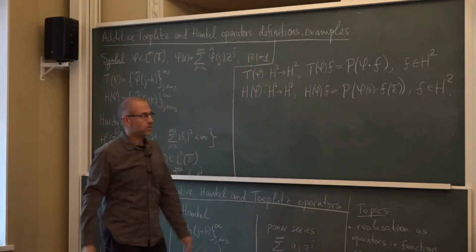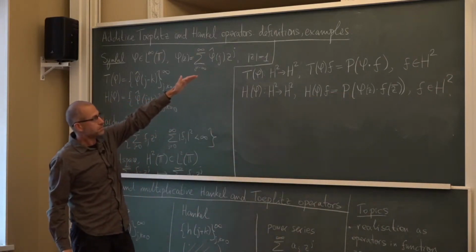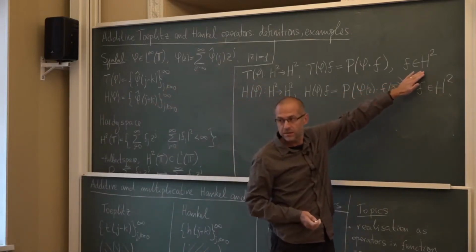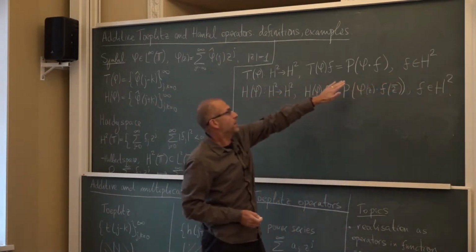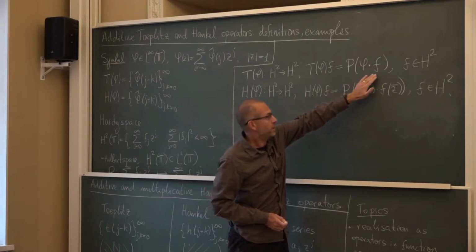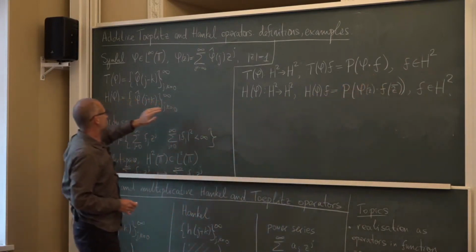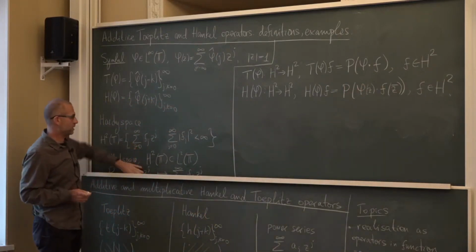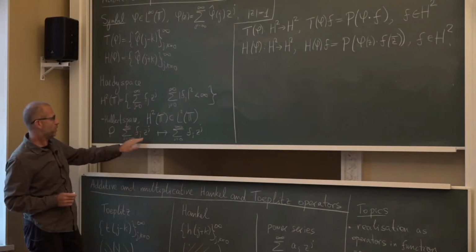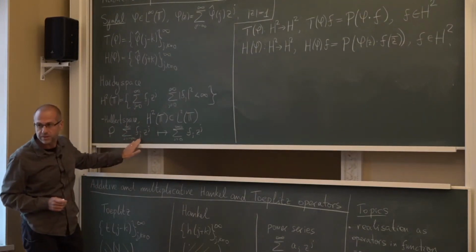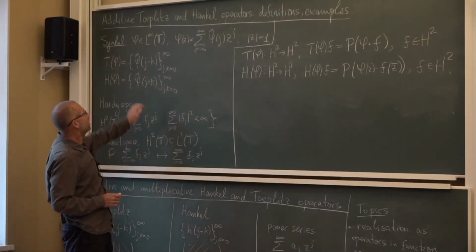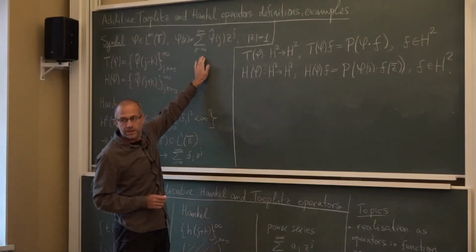Let's first deal with Toeplitz. We take a function from the Hardy class, and then we multiply it by the symbol. Note that f is analytic; when I say analytic, I mean that it has no coefficients with negative indices in its expansion. But then I multiply it by phi, and this phi doesn't have to be analytic.